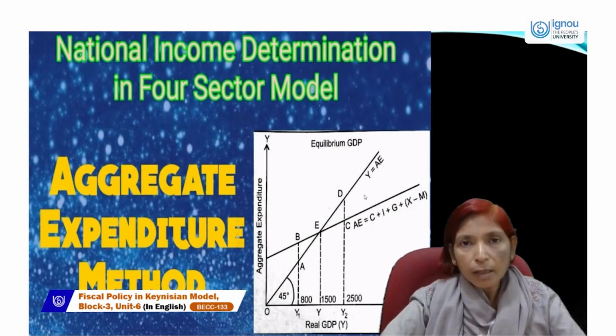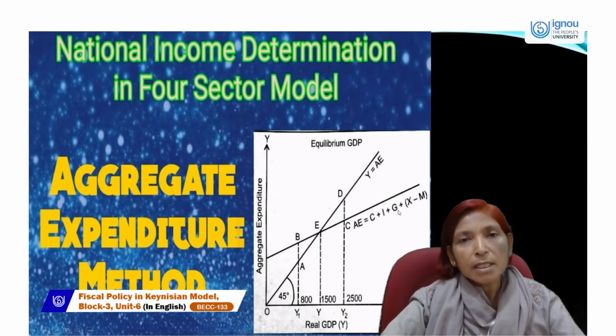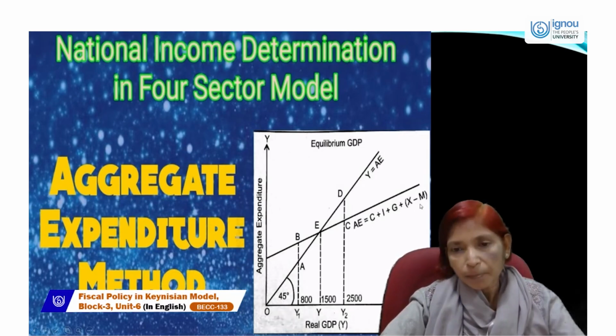But in aggregate demand, we take four components like C, I, G, and net export. C is consumption expenditure, I is investment expenditure, G is government expenditure, X is export, and M is import. Export minus import is equal to net export.